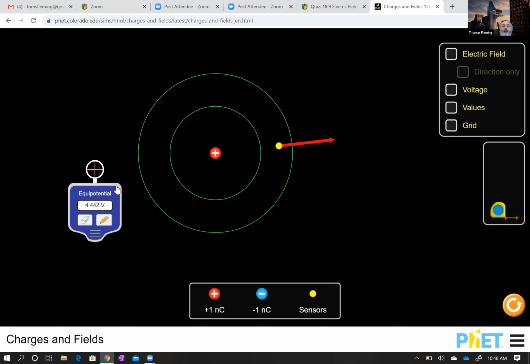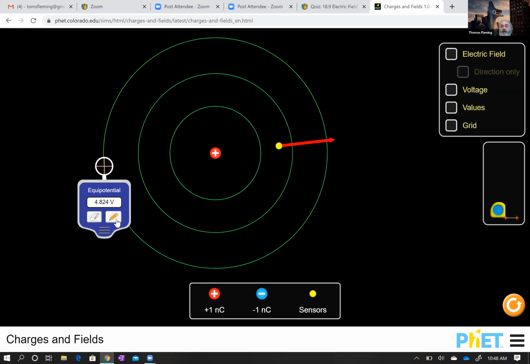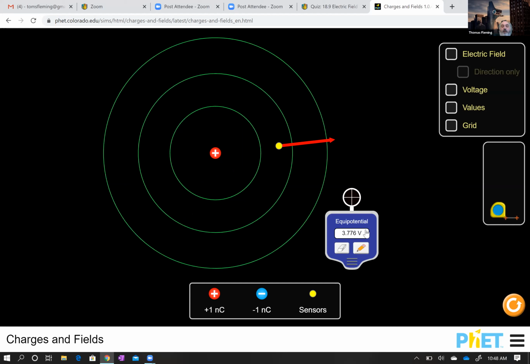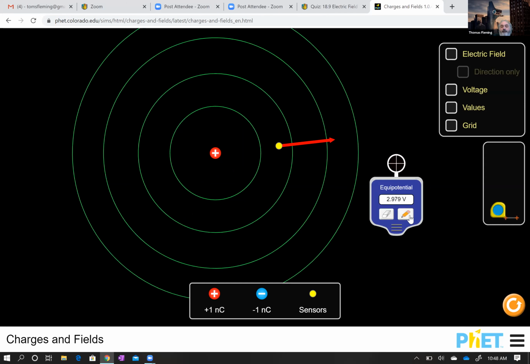If I go even further, I can make more. So anywhere I go, I can draw equipotential surfaces. And for a single point charge, my equipotential surfaces look like concentric circles. This is not super surprising.